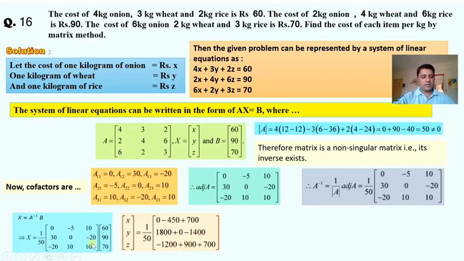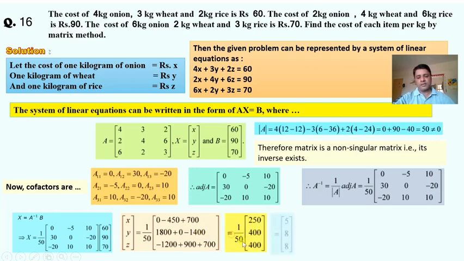And the last row, minus 20 into 60, so that is minus 1200, 10 into 90, 900, and 10 into 70, 700. So we got the product of this matrix and matrix B.